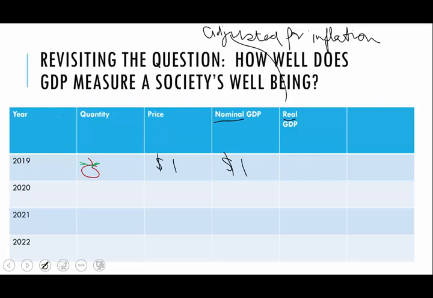Nominal GDP is measured in terms of the actual sales price.